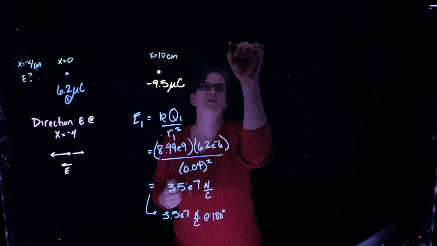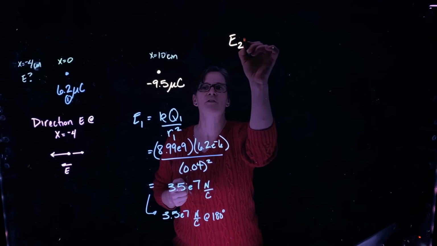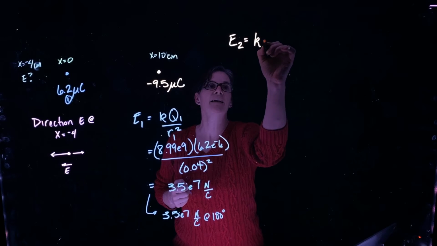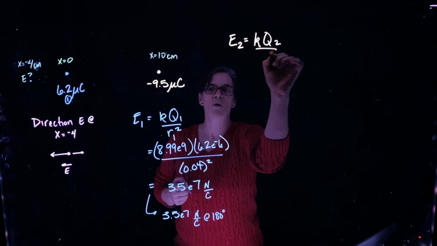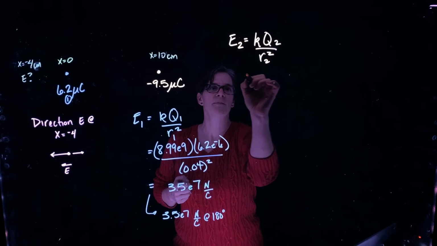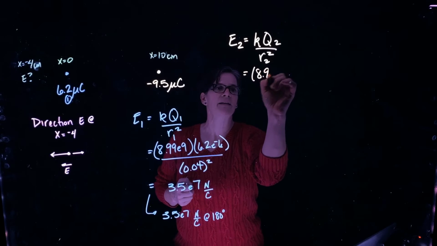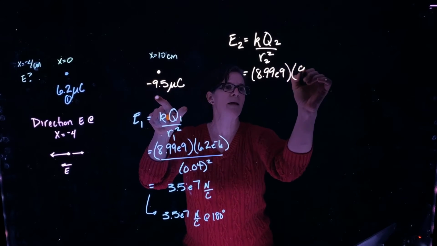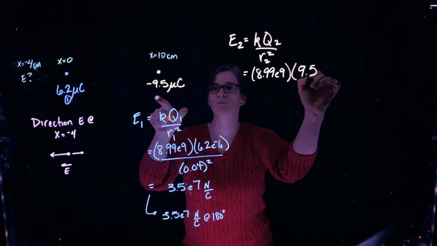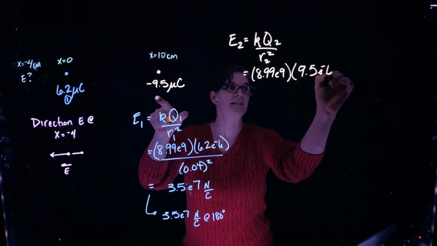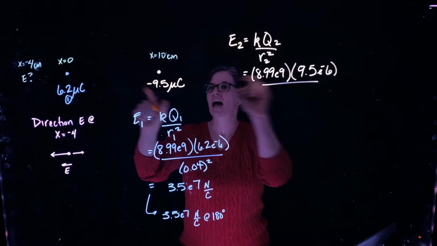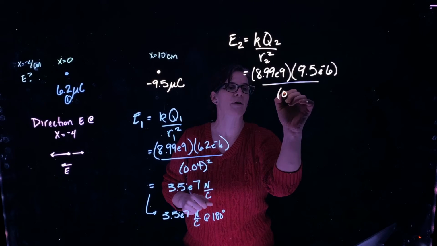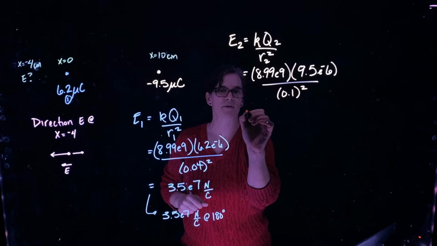Well, for the charge 2, the electric field of 2 is going to be K Q2 over R2 squared. So that's 8.99 times 10 to the 9th. Charge Q has a magnitude of 9.5 times 10 to the minus 6th. And the radius is 0.1 squared.